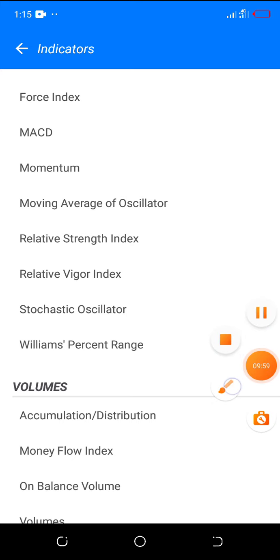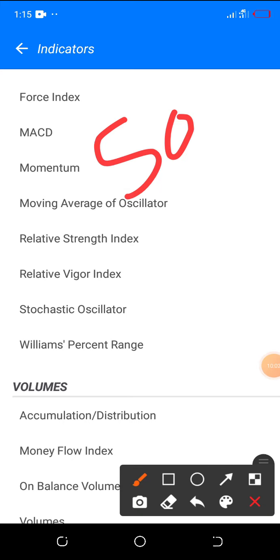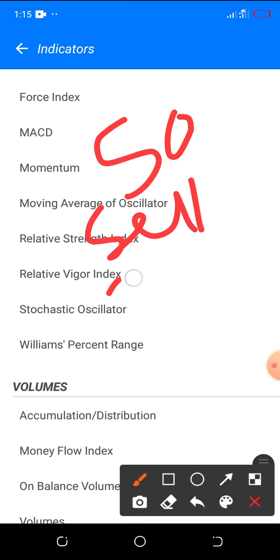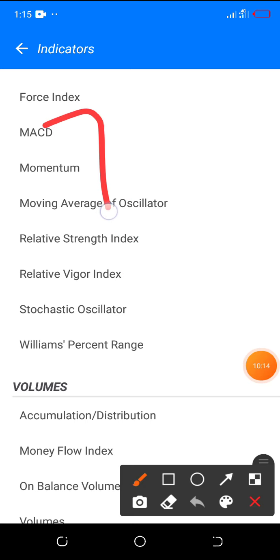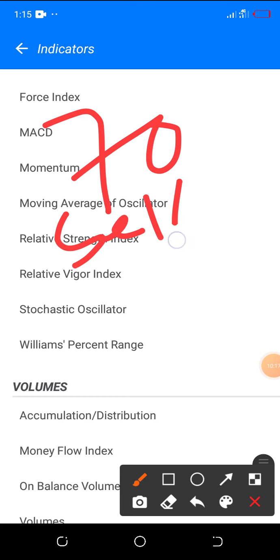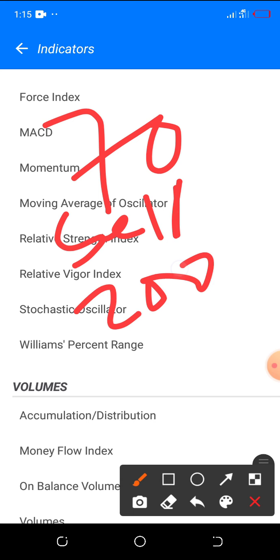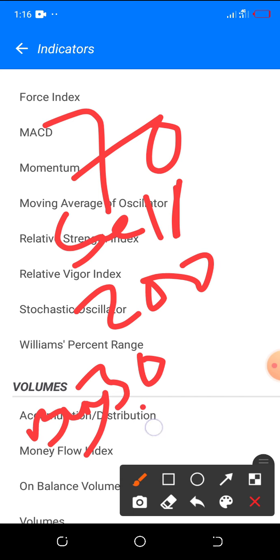Because you can have 70 people here selling, and the total lot size of everyone here is 200, and then 30 people are buying, and the total lot size of the 30 people that are buying is 1000. Who do you think will win the market? Of course, it is these people. It is by volume, not by the number of the people that are selling.